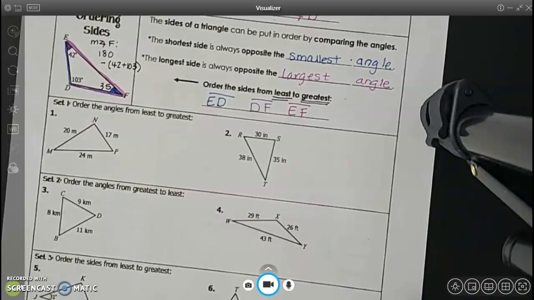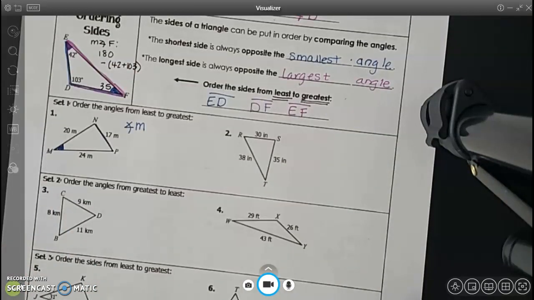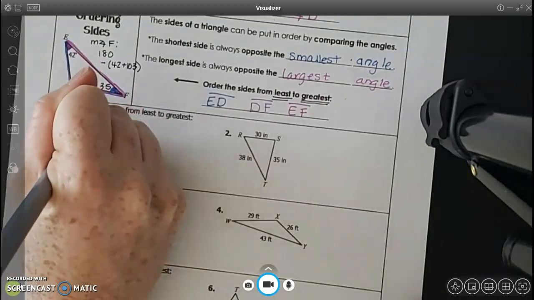The smallest angle is angle M. The one in the middle is going to be side NM, and the angle opposite NM is angle P.